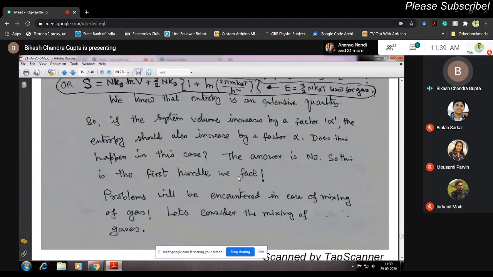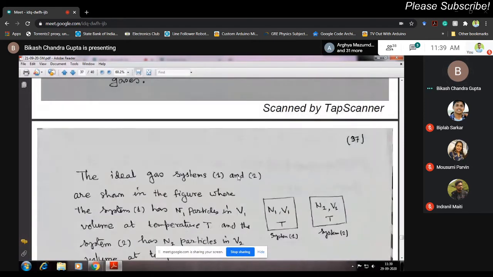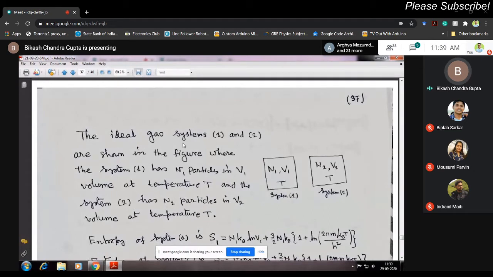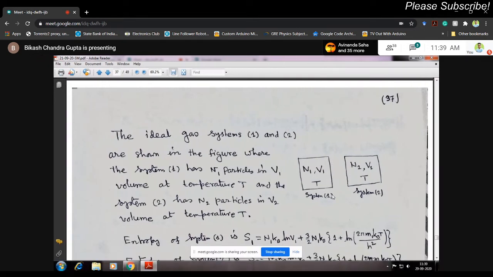And therefore, let us look at some situations. For example, if we consider ideal gas systems, this is a gas chamber, and this is a gas chamber. You can think of these two chambers as just separated by a wall. You can draw one after another, and there is a wall separating these two subsystems. Now this has N1 particles, V1 volume, and T temperature. Both are maintained in thermal equilibrium at the same temperature T. This has N2 particles and V2 volume.